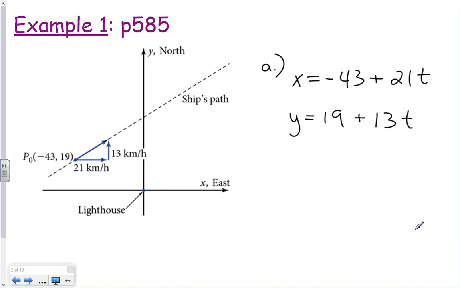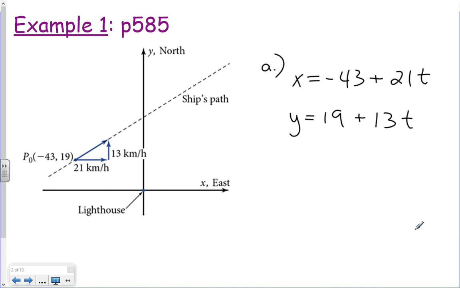One hour later, that'd be 19 plus 13 times 1, that's 32 kilometers, which is where I'd be in terms of my location north and south from this lighthouse. So these two equations together give me the parametric equations modeling this ship's movement.